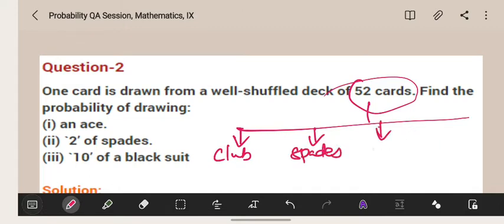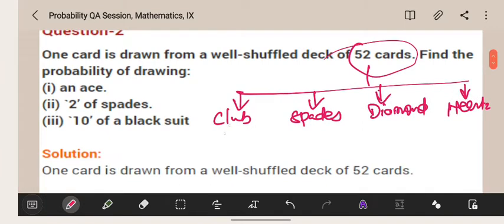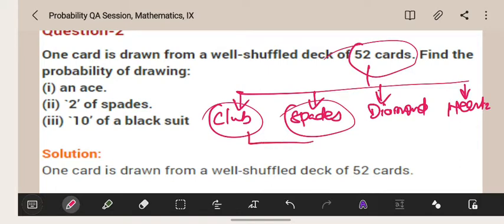Third one is diamond. And fourth is hearts. Out of these 4 suits, the first 2 suits, clubs and spades, are black cards, and the other 2, diamonds and hearts, are the red cards.